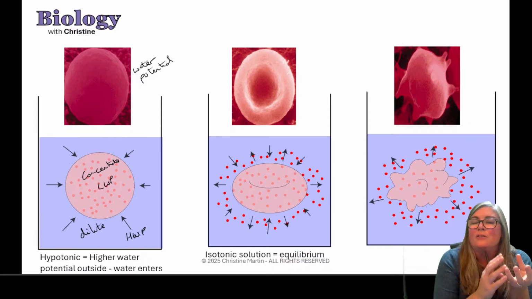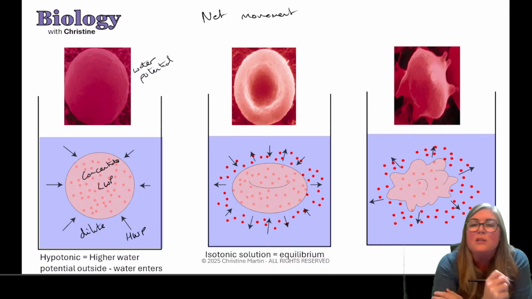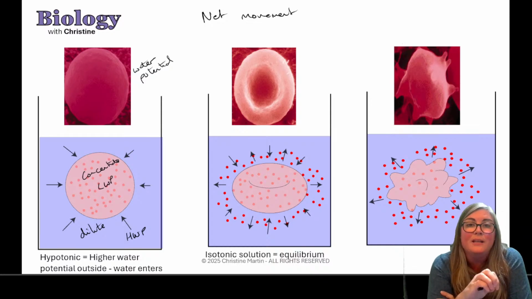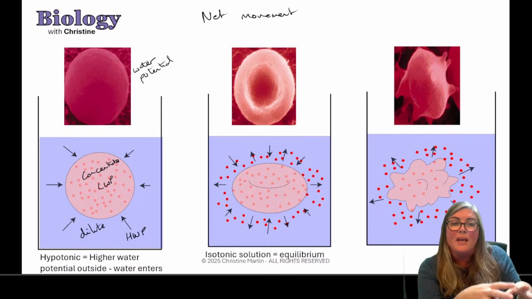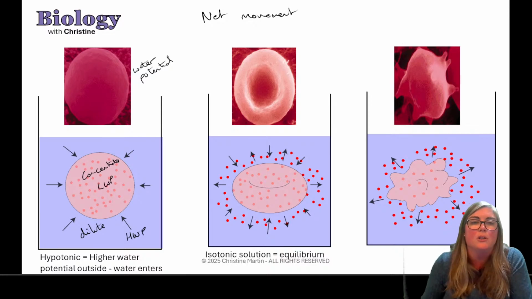But what we actually are talking about is the net movement. So it's important whenever you answer these questions that you do state things like it's the net movement of water from an area of a higher water potential to an area of lower water potential.